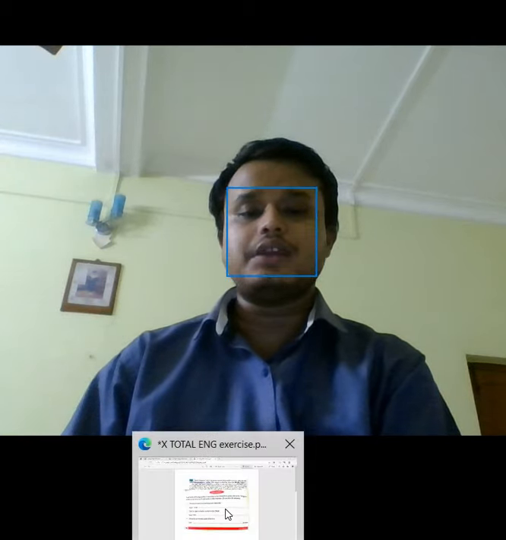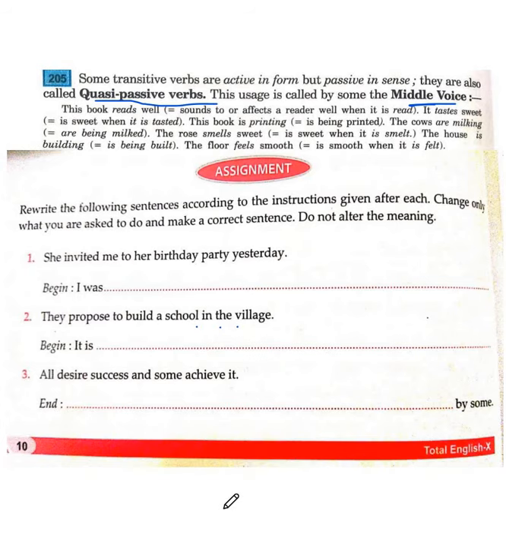Here you can change both parts of the sentence, or only one, because the instruction is not to change the voice but to begin with "It is". So: It is proposed by them that they will build a school in the village.